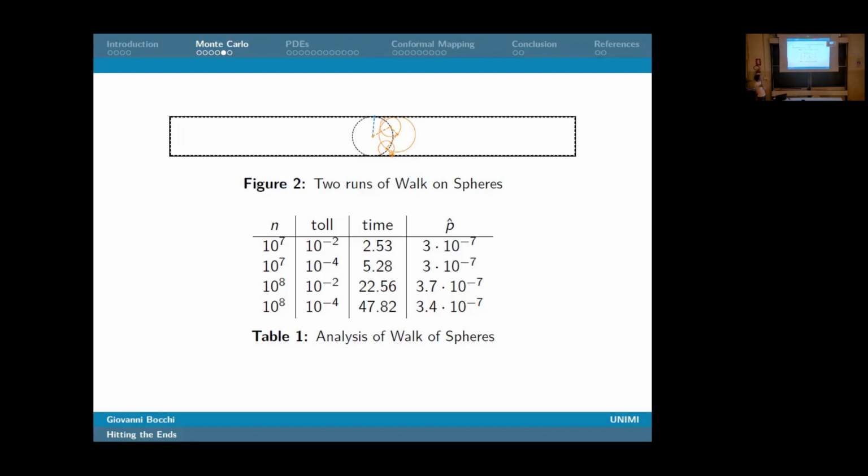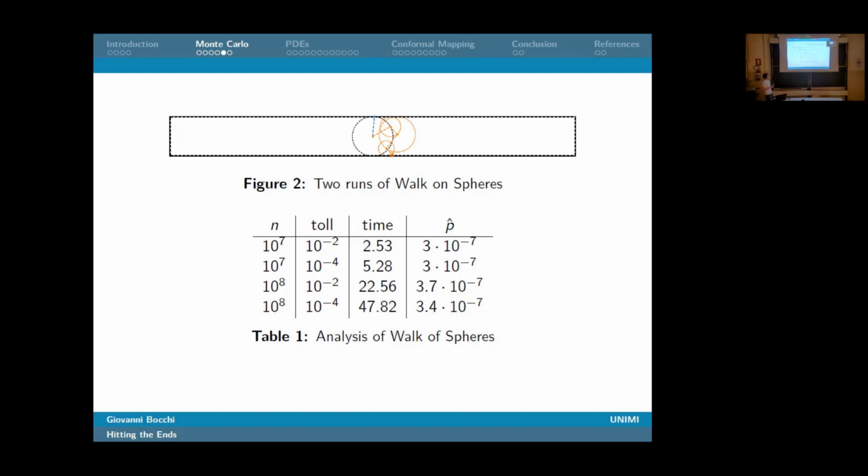And here you have a little analysis of this algorithm. We consider 2 values for the number of trajectories, 10 to the 7th and 10 to the 8th, and 2 tolerances for assigning the last value to the boundary, 10 to the -2 and 10 to the -4.